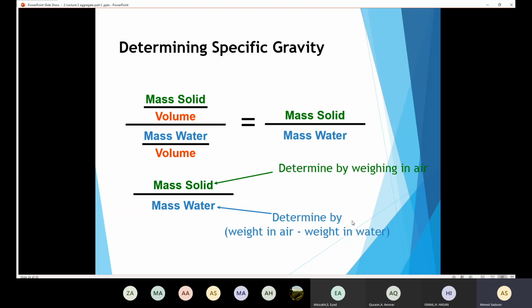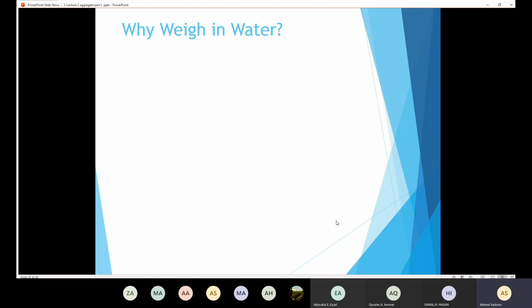In order to understand this, I'm going to show you an example of why we should weigh in the water. Assume that I have this container. We have a volume of water equal to 400 milliliters, and the mass of that water is going to equal 400 grams. Also, you need to remember this: the density of the water is 1 gram per milliliter.